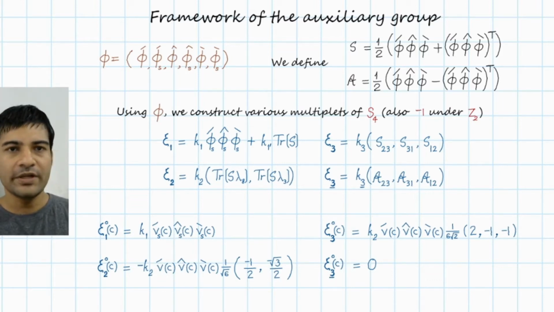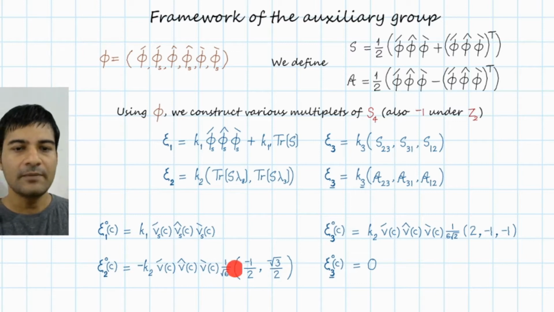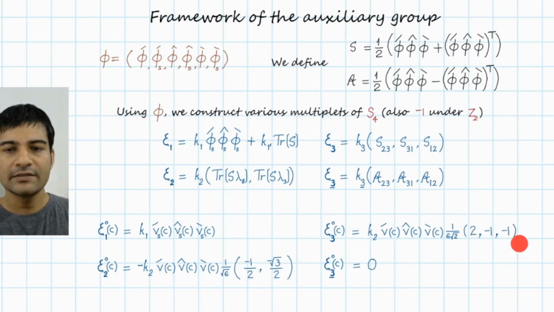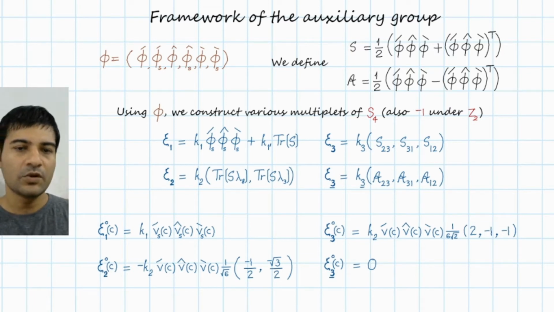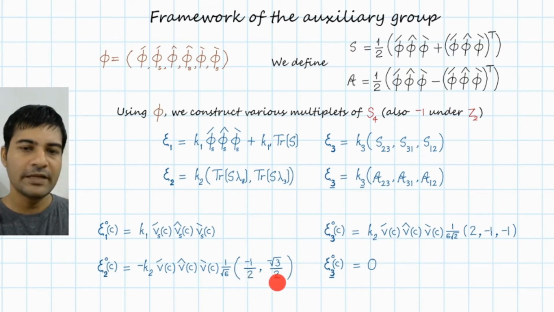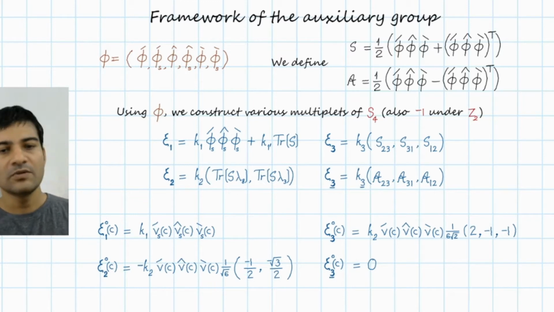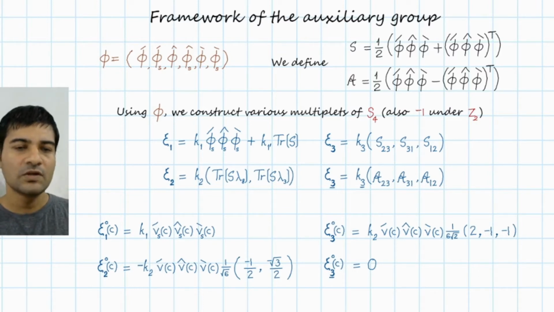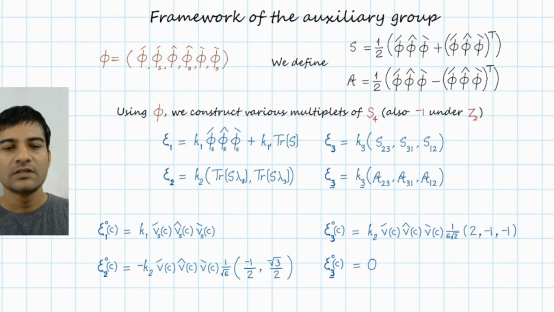Whereas the orientations of this doublet and the triplet are fully fixed. The orientation of the doublet, -1/2, √3/2, is not very surprising. It directly follows from the symmetries of the 2 of S4, which is nothing but the dihedral symmetry of the equilateral triangle.